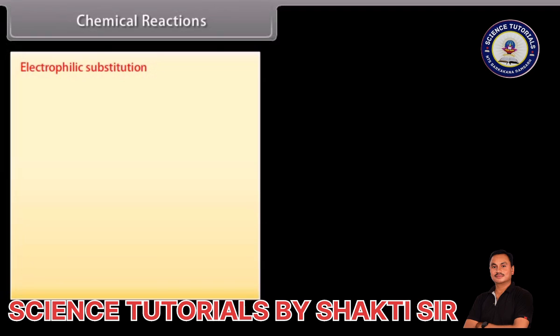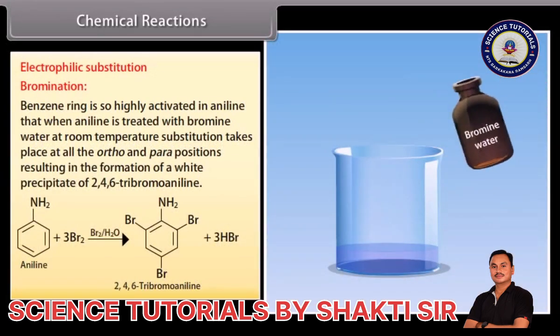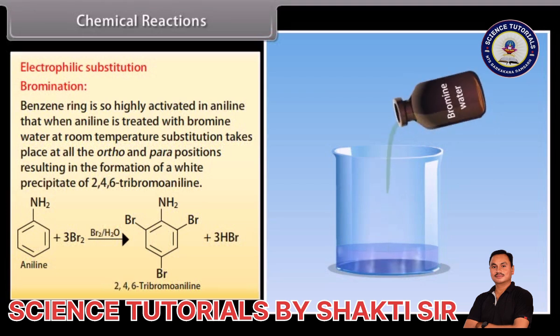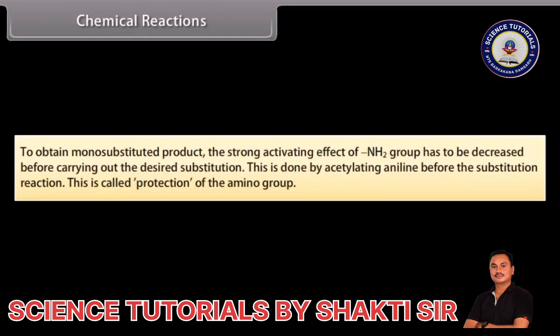Electrophilic substitution. Bromination. The benzene ring is so highly activated in aniline that when aniline is treated with bromine water at room temperature, substitution takes place at all the ortho and para positions, resulting in the formation of a white precipitate of 2,4,6-tribromoaniline. To obtain the mono-substituted product, the strong activating effect of the NH2 group has to be decreased before carrying out the desired substitution.